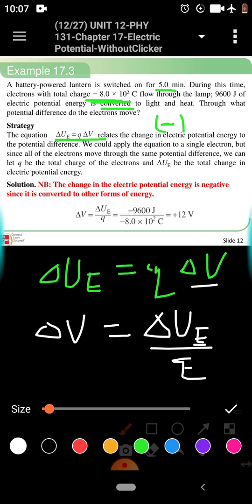When you substitute here, you get positive 12 volts. So this is a 12-volt battery.